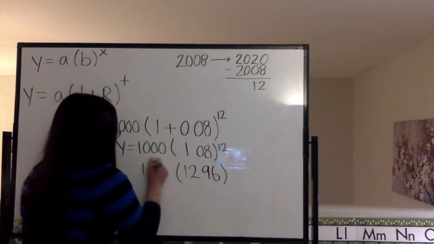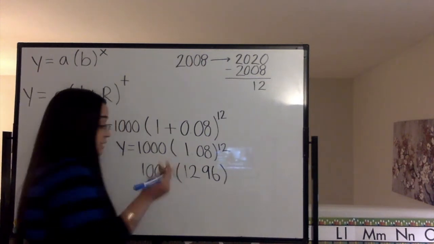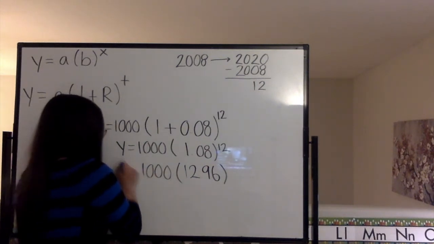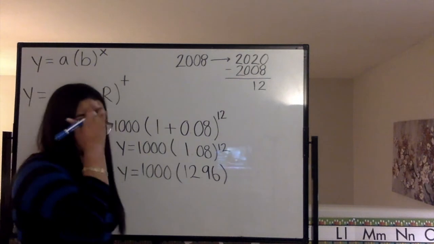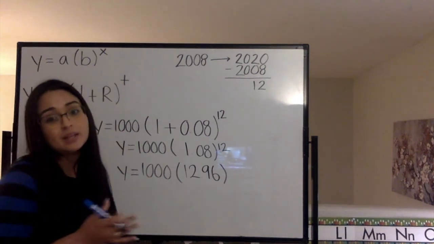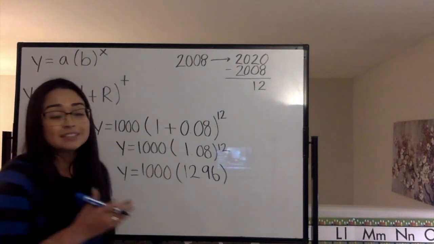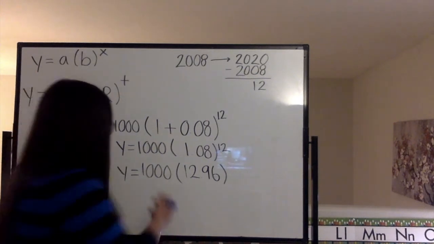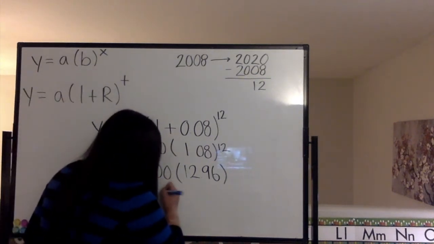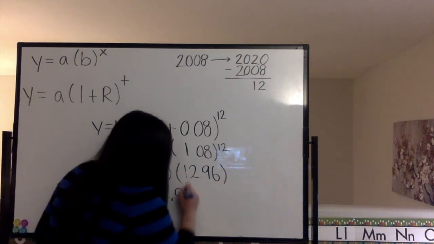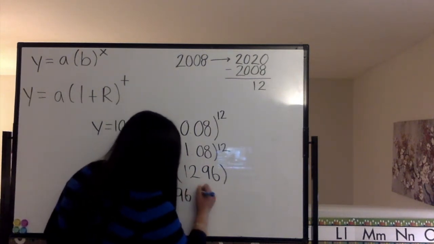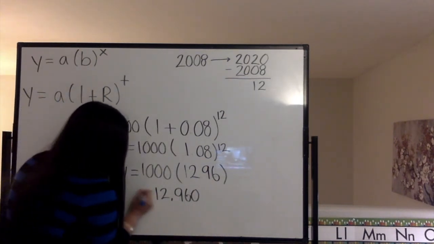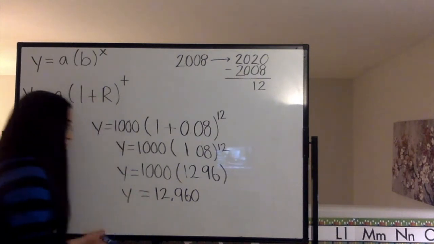Now, the next step is to multiply this number by 1000 so we can get the value of y. And what will that give us? 12.96 times 1000 gives us a total of 12,960, which is equal to y.